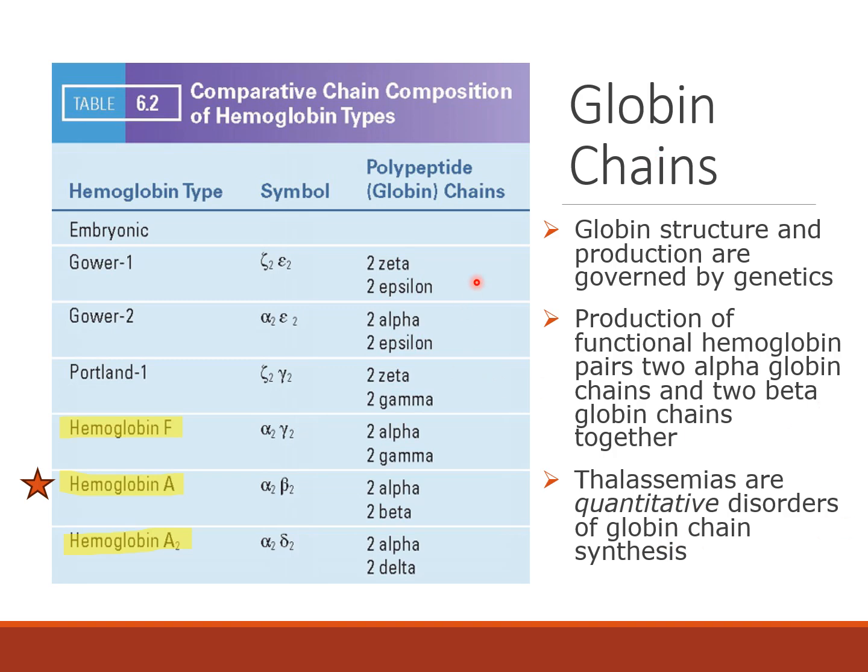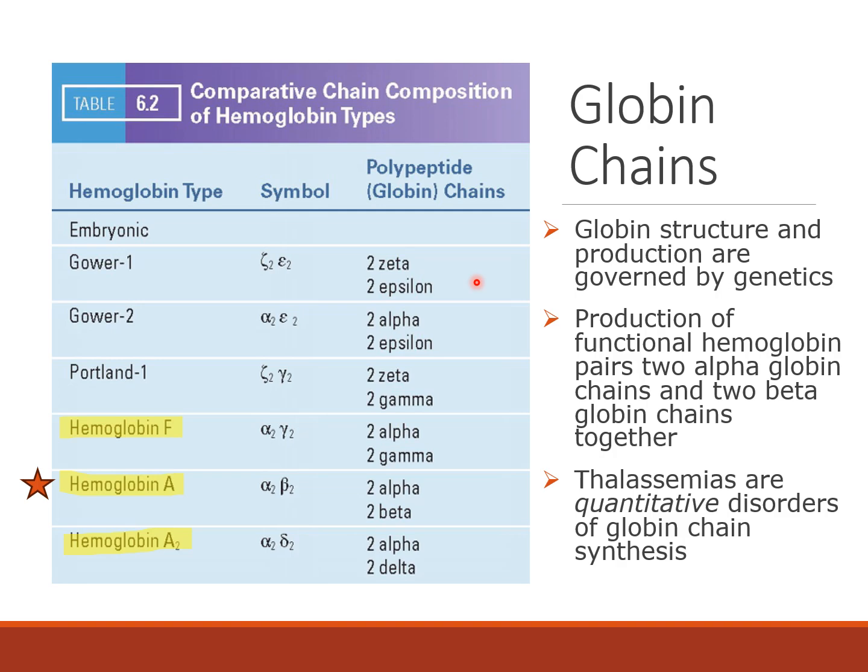Now, once we get from the embryonic phase of development into the fetal phase of development, we then transition to hemoglobin F. And that is going to be made up of 2 alpha chains and 2 gamma chains. I want to point out that from the point of hemoglobin F on into a normal adult hemoglobin, we always are going to have 2 alpha chains, and it's only going to be the second set of globin chains that differ.